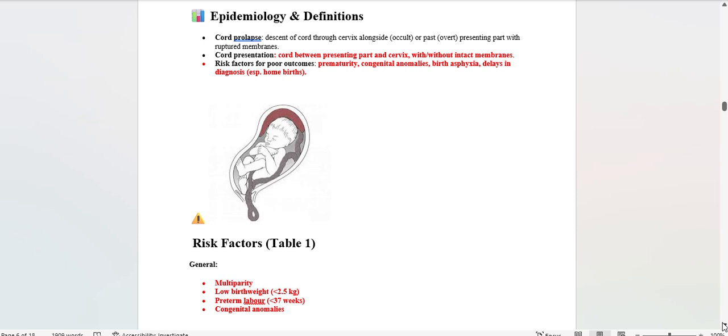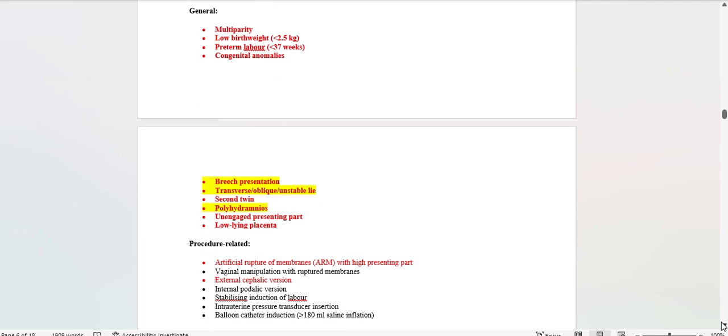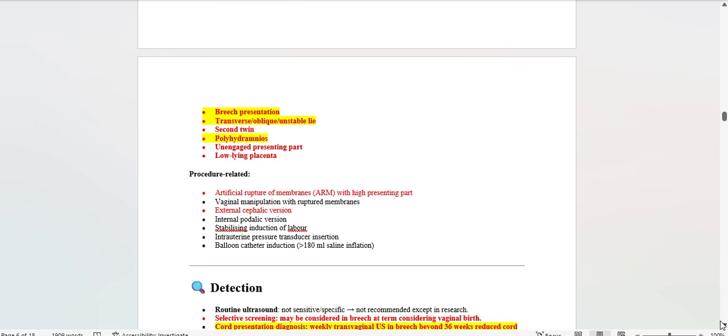Okay, risk factors table. Risk factors generally: multiparity, low birth weight, preterm labor, congenital anomalies, malpresentation. Malpresentation is very important. Transverse, oblique, unstable lie, second twin, polyhydramnios. Remember polyhydramnios. Procedure related: artificial rupture of membrane with high presenting part.